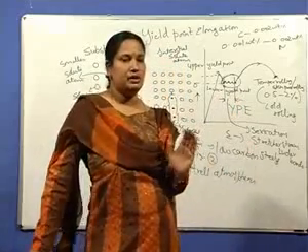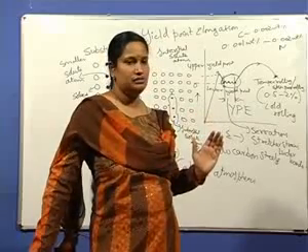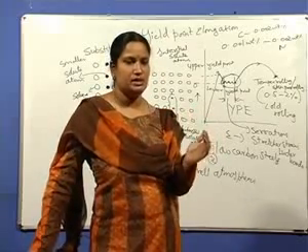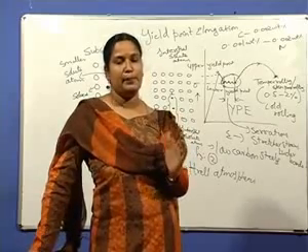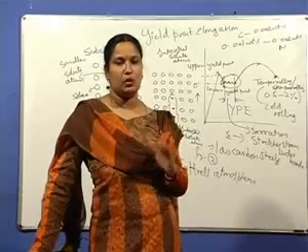So this is the main reason for the yield point elongation, and in order to eliminate it, we give a small amount of reduction, known as temper rolling or skin pass rolling.